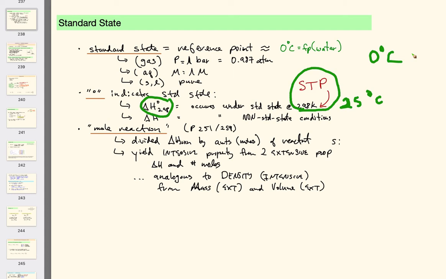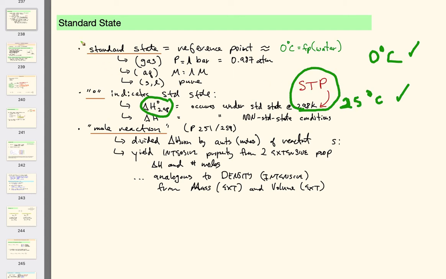So what's a standard state in chemistry? Well, we have 2. It depends on what you're talking about. If you're talking about some things, the standard state is 0 degrees C. If you're talking about thermo, standard state is 25 degrees C. Yep, 298.15. You've got to know that.